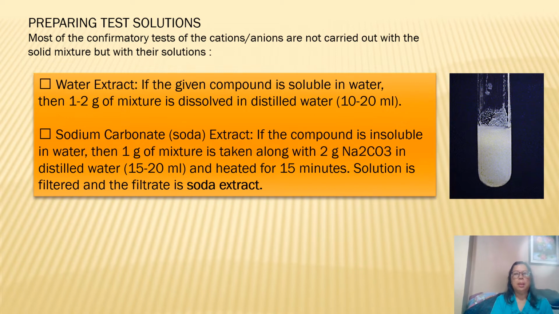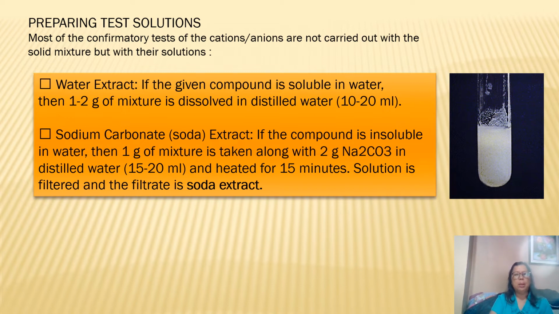And then the difference is it is heated for 15 minutes, so it is longer as compared with the water extract preparation. After heating, the solution is filtered and the filtrate is what we call the soda extract. So that is now the equivalent of the water extract.